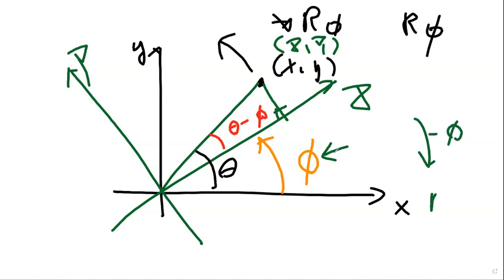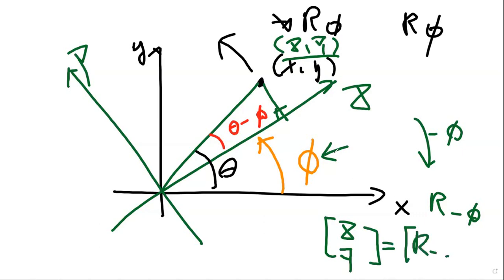So you times the rotational matrix minus phi. You should get your new coordinate. Is that okay so far?